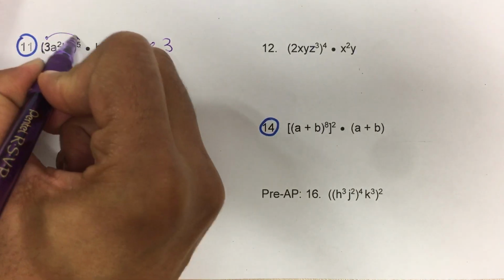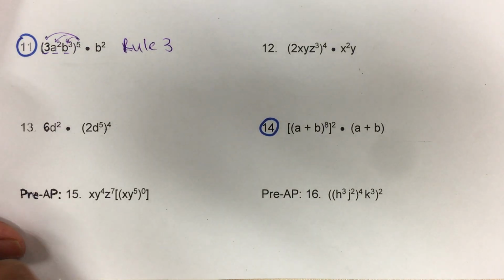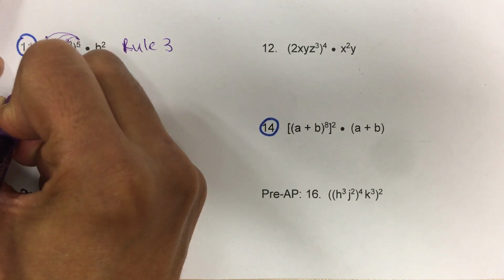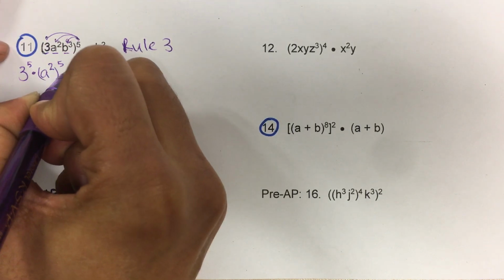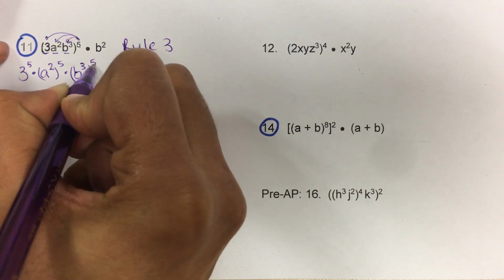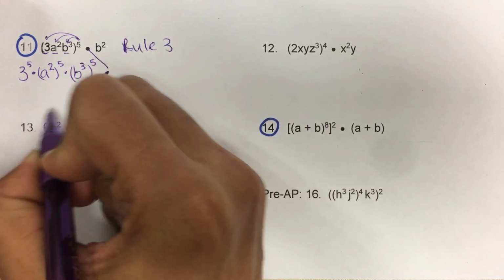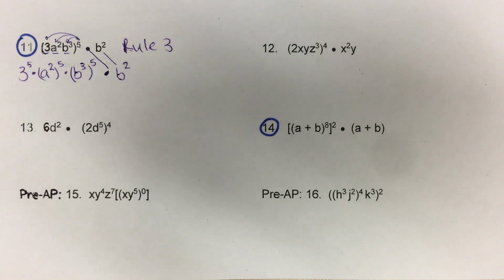So everybody, all 3 bases, get a 5th power. So 3 to the 5th power. A squared to the 5th power. B to the 3rd to the 5th power. And then don't forget, we have this and this still as part of our problem.